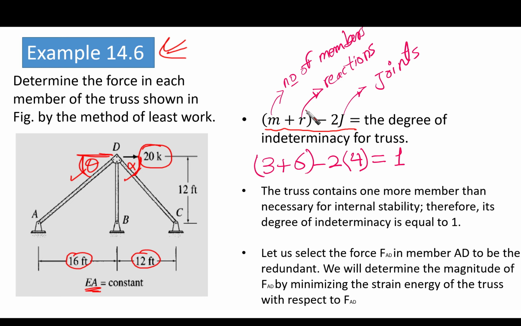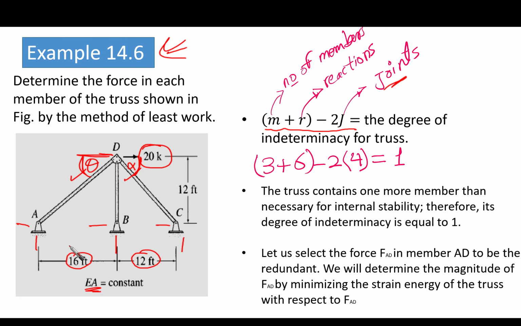Plus R, which is the number of reactions. How many reactions do we have? We have 1, 2, 3, 4, 5, 6 external reactions. All of them are hinged, so each one of them has 2 reactions. So we have 6 here. Minus 2J, where J is the number of joints.